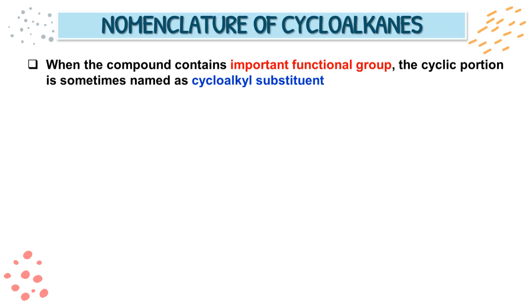When the compound contains an important functional group, the cyclic portion is sometimes named as a cycloalkyl substituent. Our cycloalkane over here does not have any functional group. So in the presence of another functional group, the cyclic structure will automatically become a substituent.